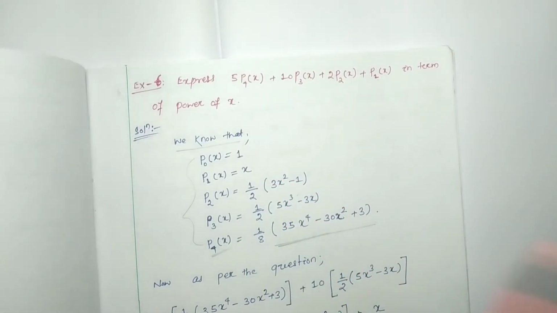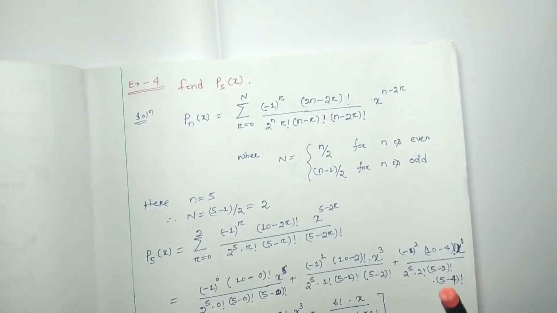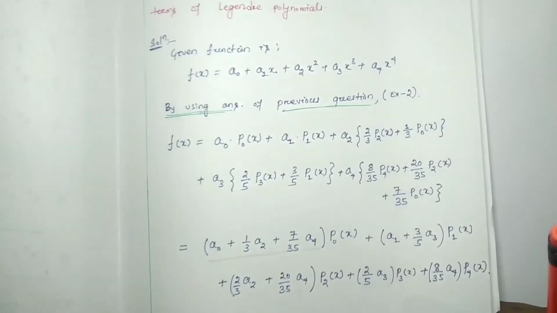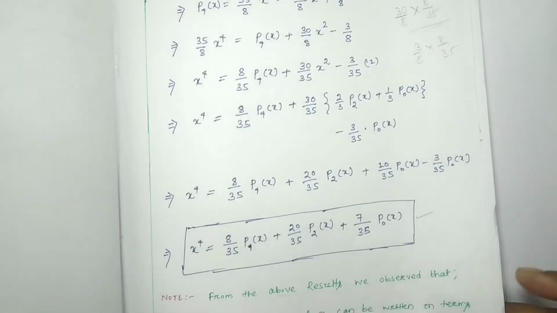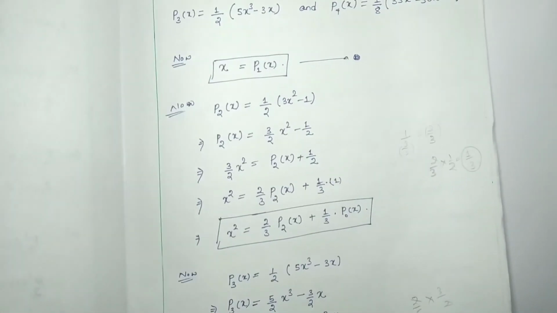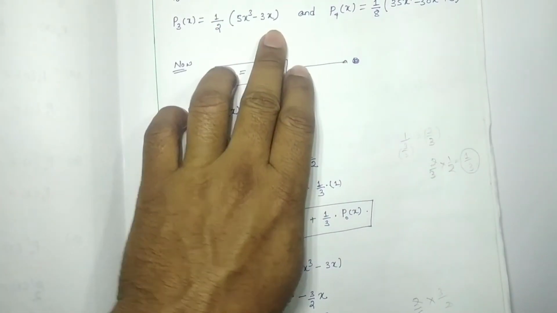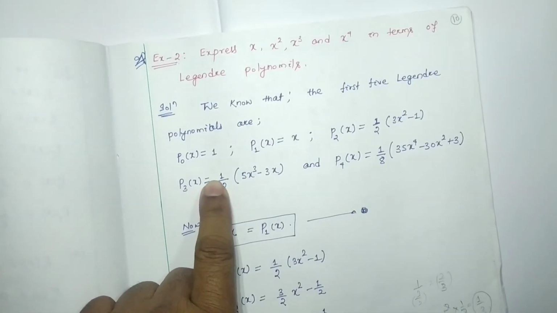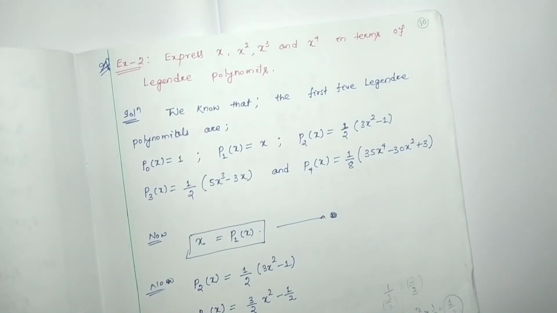It will be better for you, because if you remember this, then you can do this example number 2 easily. Otherwise you have to find the values from the general formula.